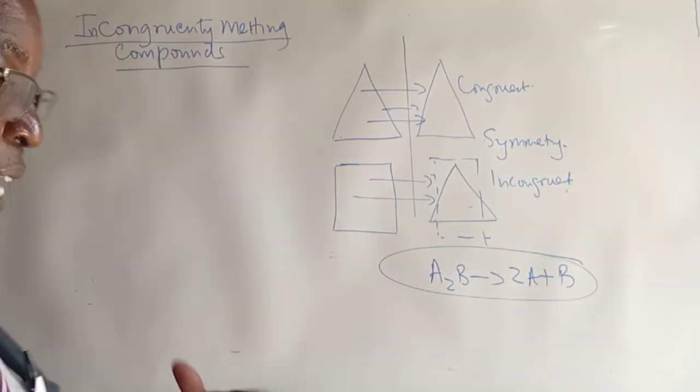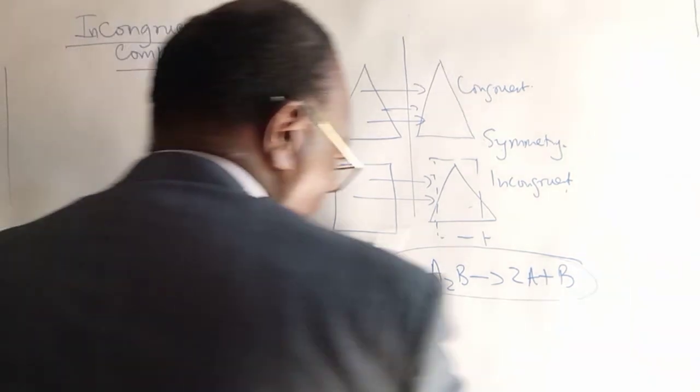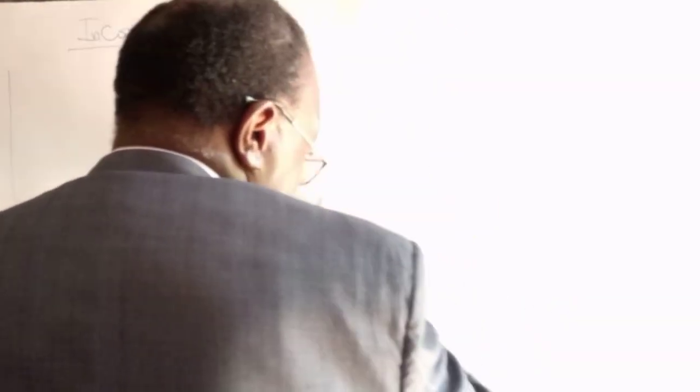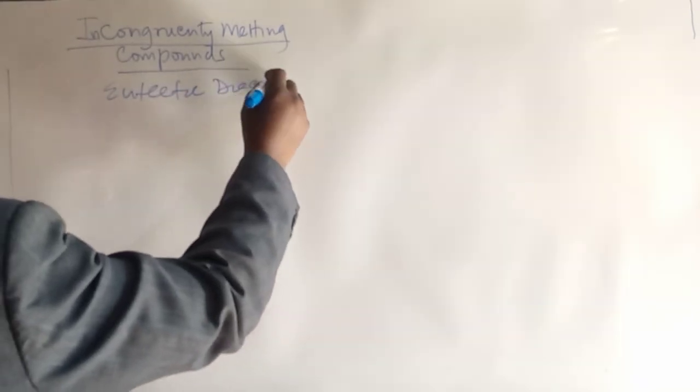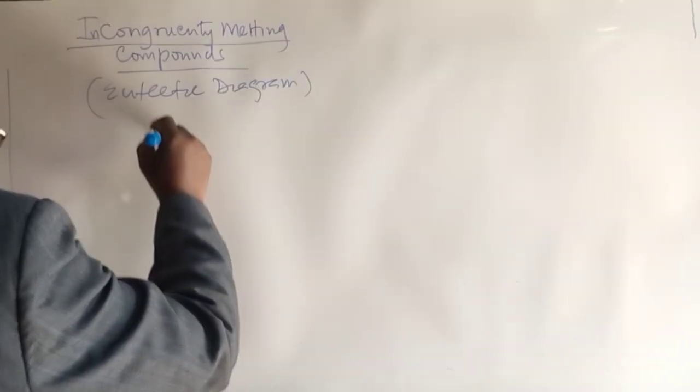So let us look at that. How does it apply to eutectic systems, eutectic diagrams for selected systems with incongruently melting compounds? We are looking at the eutectic diagram. Now, let us take the example of sodium and potassium.